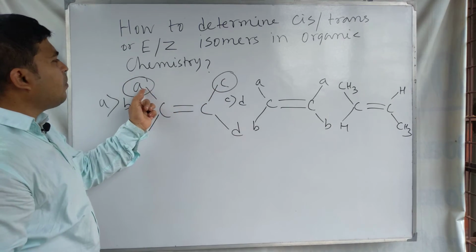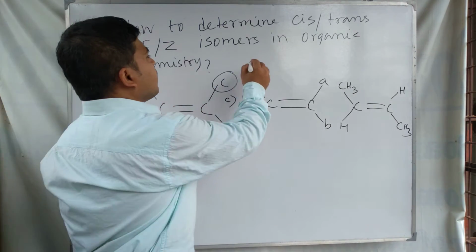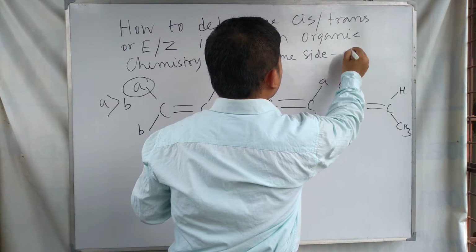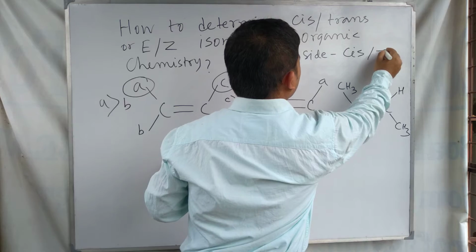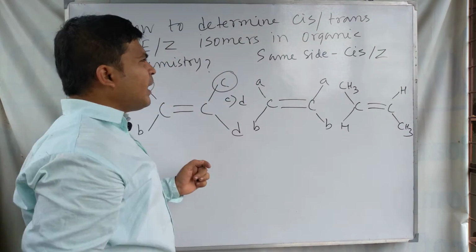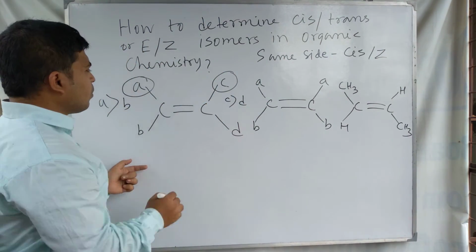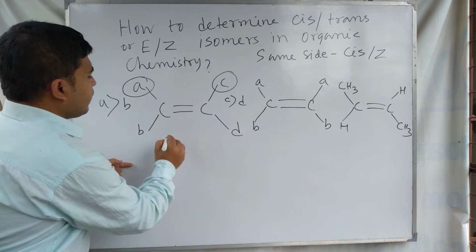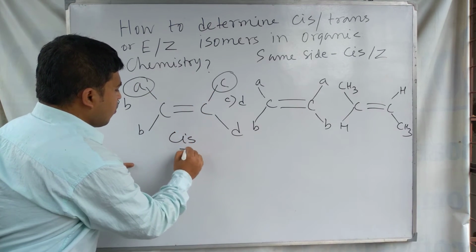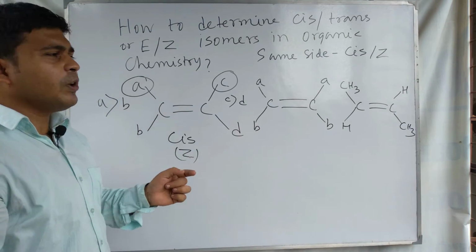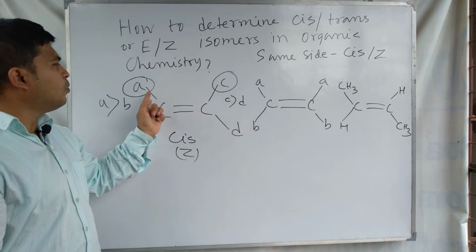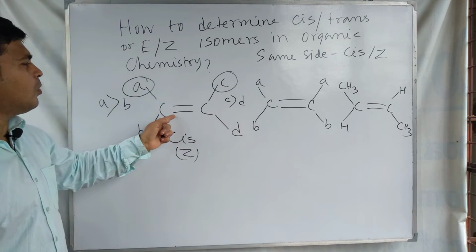And when the higher priority groups are on the same side, that time we call it cis or Z isomer. In the cis isomer or Z isomer case, the higher priority groups must be on the same side of the double bond.